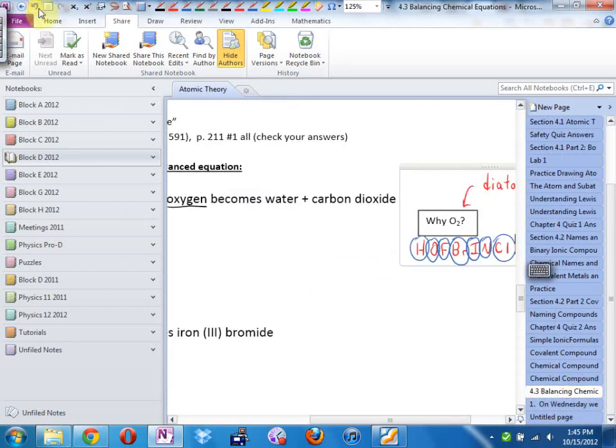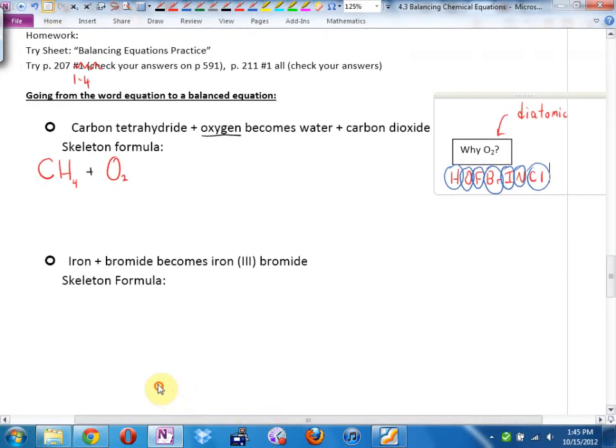Let's go back. Becomes. What am I going to write as a symbol for becomes or turns into or ends up as or produces? Not an equals. Arrow. Here's our chemical reaction symbol. Water.